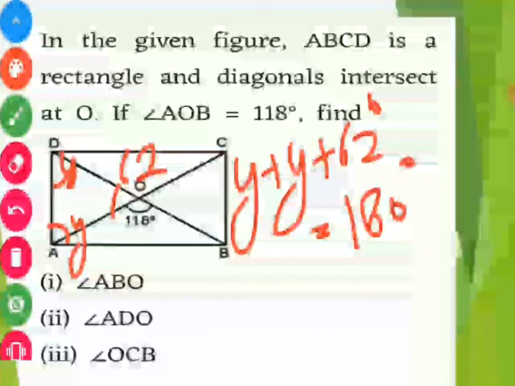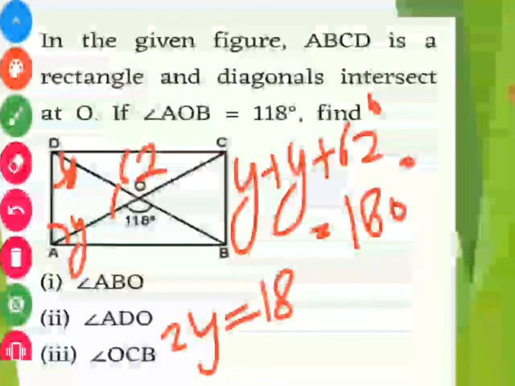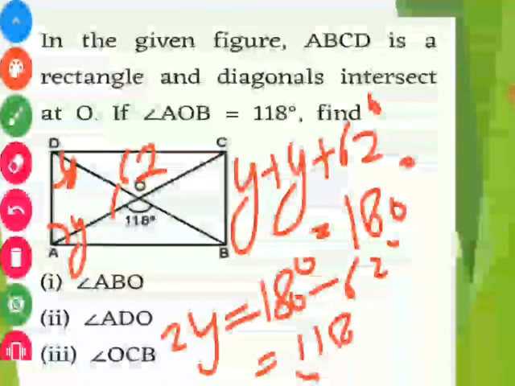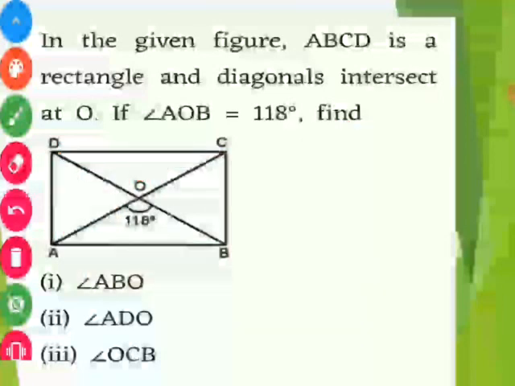So let's solve it. 2y is equal to 180 degrees minus 62. This will be 118 degrees and y will be equal to 59 degrees. So that means this angle ADO will be equal to 59 degrees.